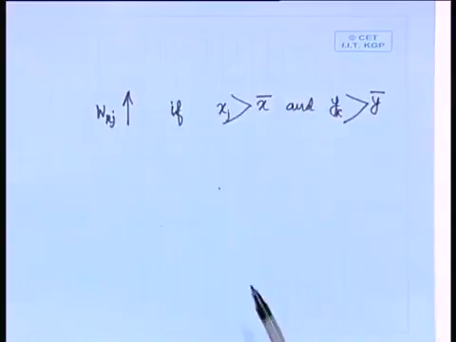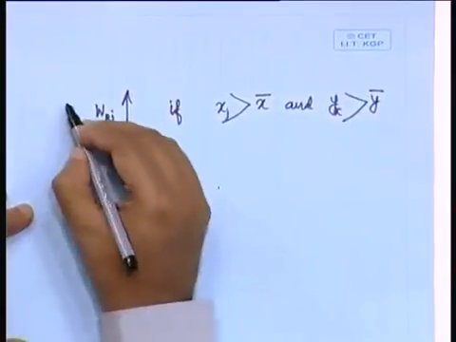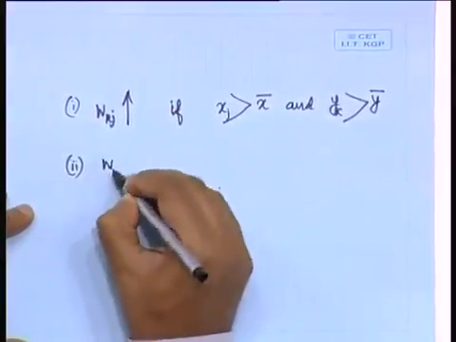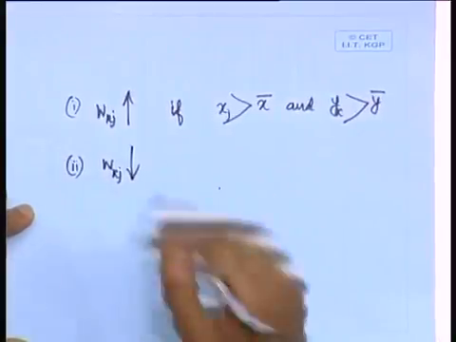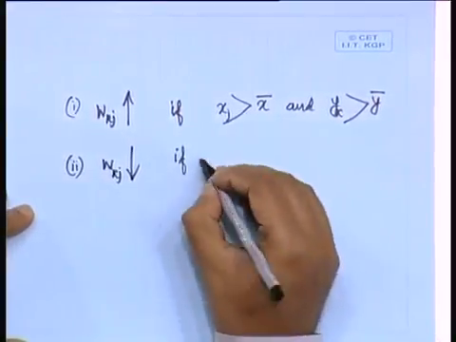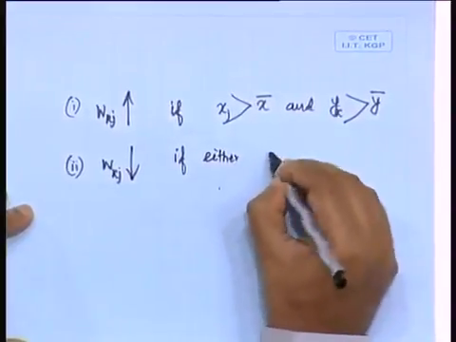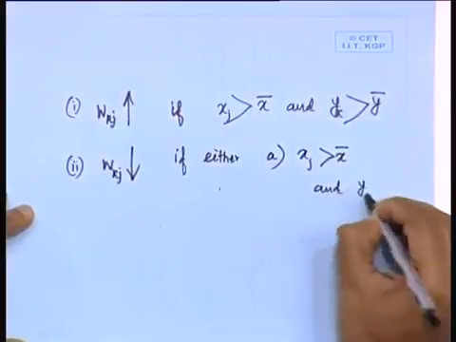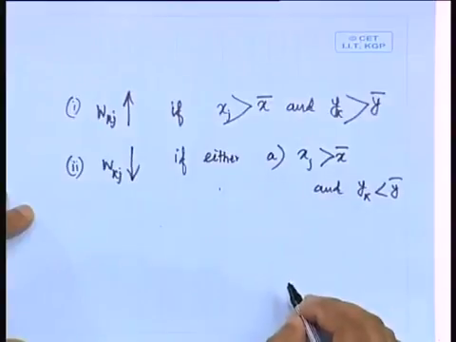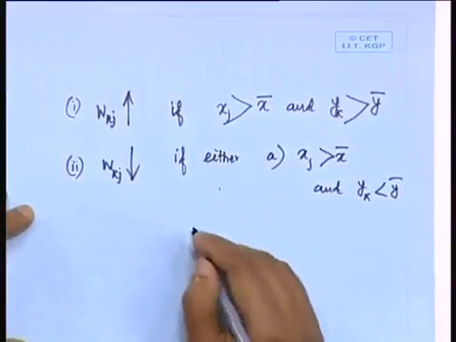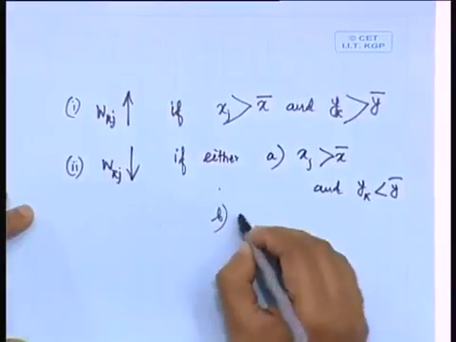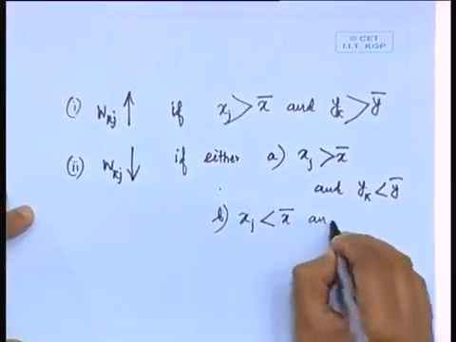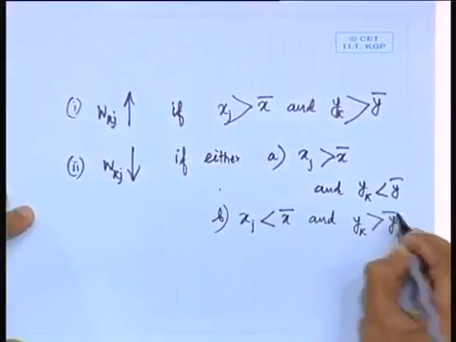That means to say w_kj increases in its strength. Okay. So, that is one of the behaviors, and we are also going to have a decrease of w_kj. w_kj decreases if either we have that x_j is greater than x bar and y_k less than y bar, then w_kj decreases in strength, or also the other way, that means to say if we have x_j less than x bar and y_k greater than y bar.